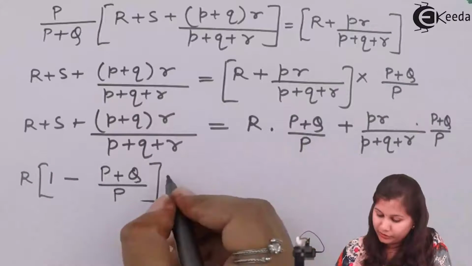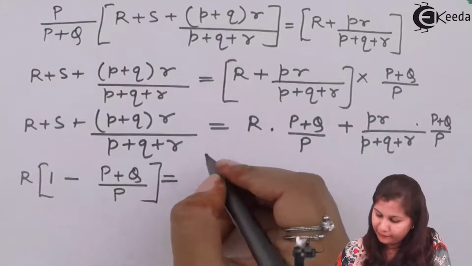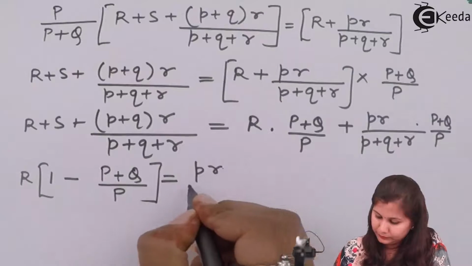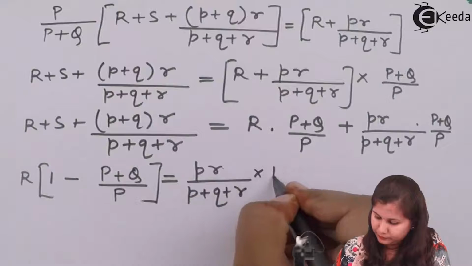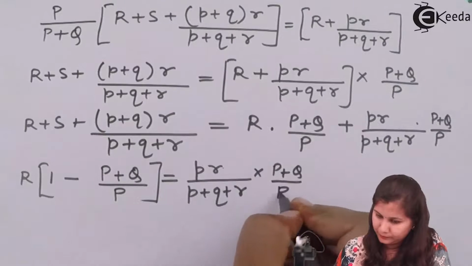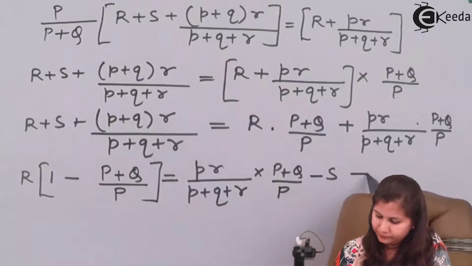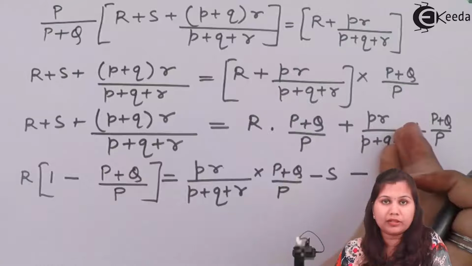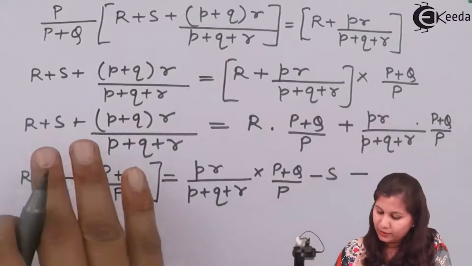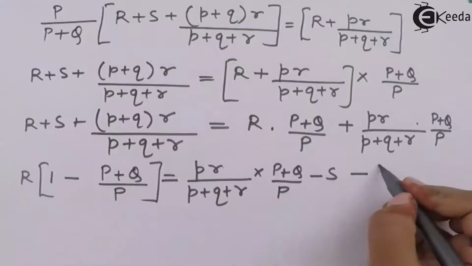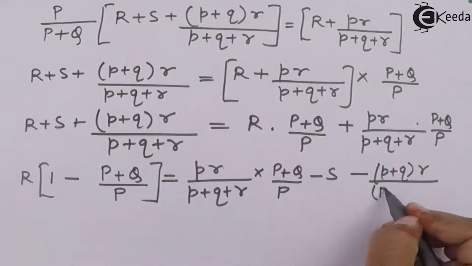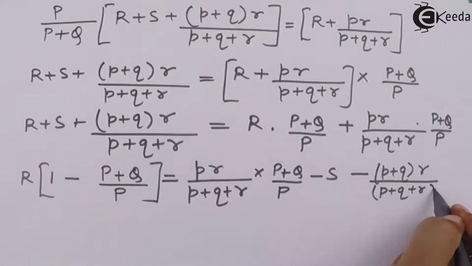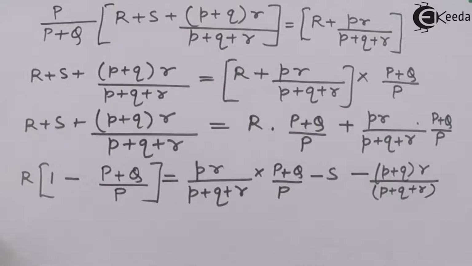Then all the terms on the right hand side: here we will have this S, when it comes on the right hand side, it will become minus. So minus S minus... okay.